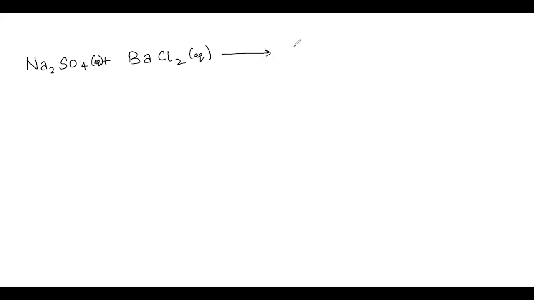What happens is barium sulfate is formed, which is a solid, the precipitate, along with sodium chloride solution.